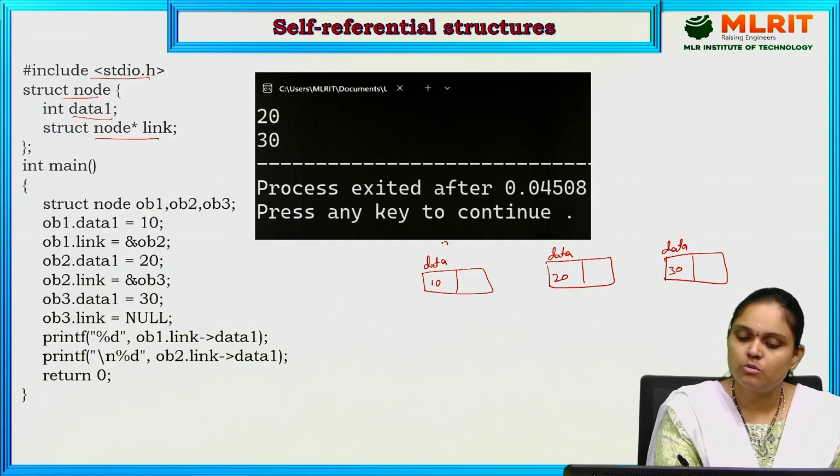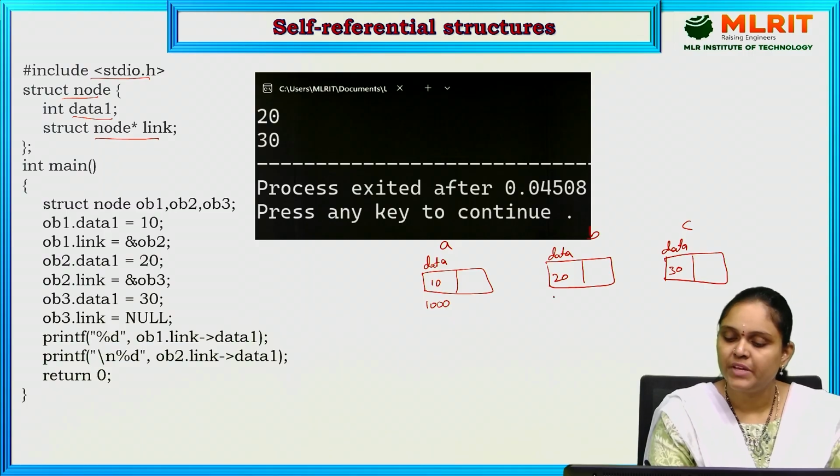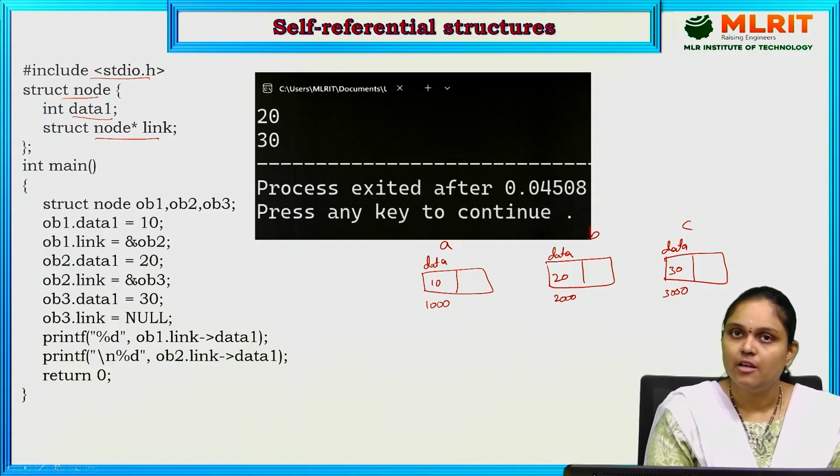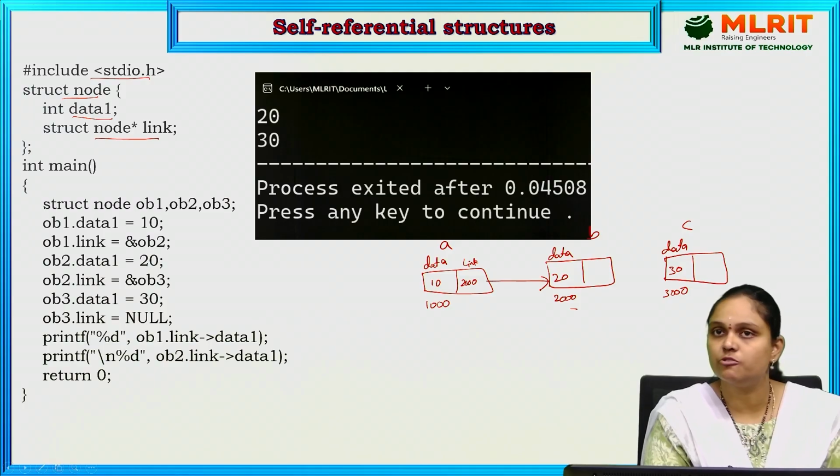The name of this node is A, the name of this node is B, and the name of this node is C. Consider that the address of node A is 1000, this is 2000, and this is 3000. So the address part, which is the link part, will have the address of the next node. The address of the next node is 2000, so 2000 will be placed over here in the link, and this will point to the next node.